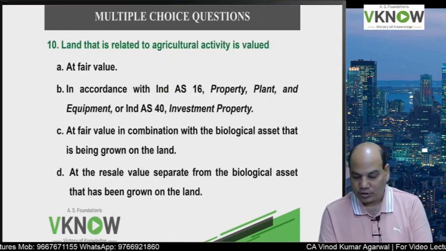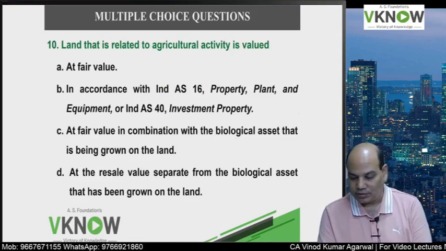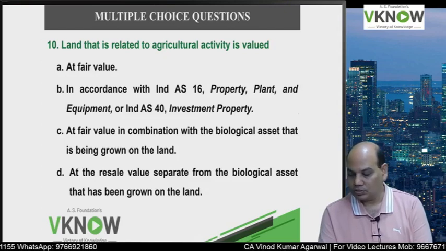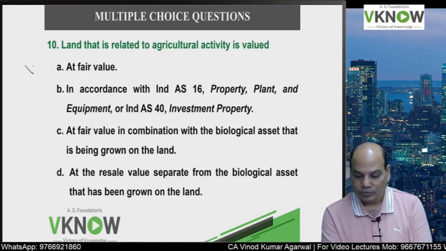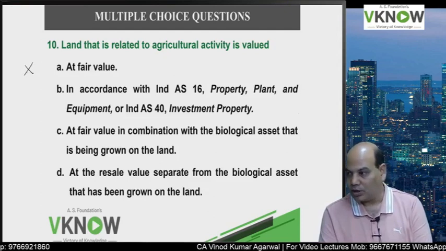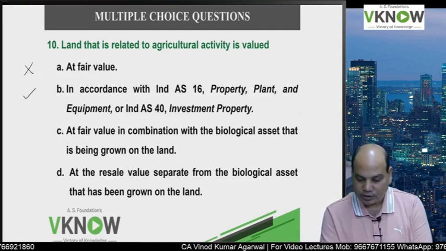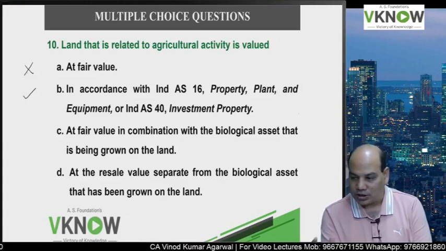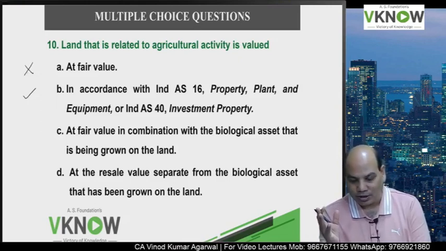One more choice. Land that is related to agricultural activity is valued at fair value. Is the option right or wrong? Wrong. Is it in accordance with Ind AS 16 or Ind AS 40? Yes. At fair value in combination with the biological asset that is being grown on the land.